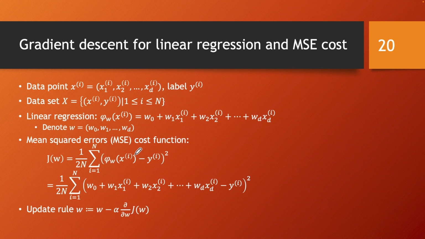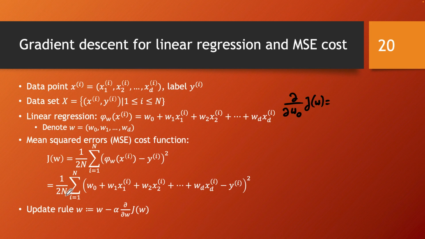The expression is a little different for w0 than for the others, simply because w0 is the free term in this linear model. So I'm going to calculate that separately, and then show you the partial derivative for the other ones. The partial derivative of the cost function, or loss function, with respect to w0 is going to be like this.